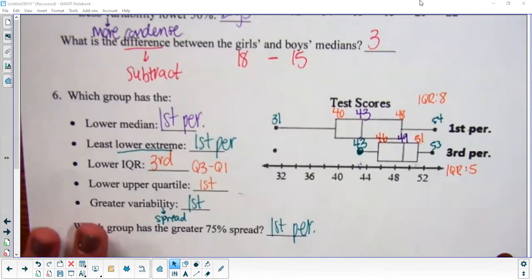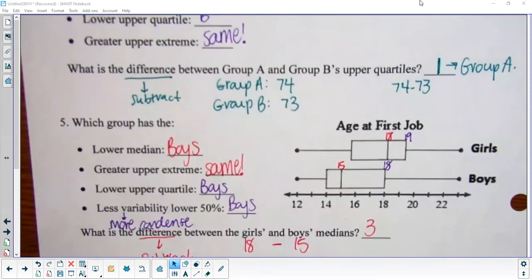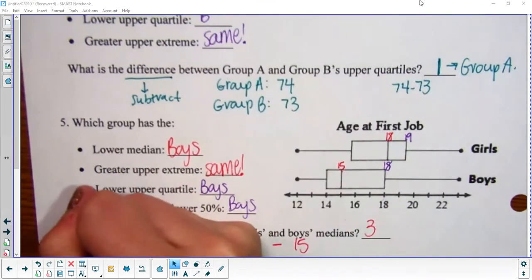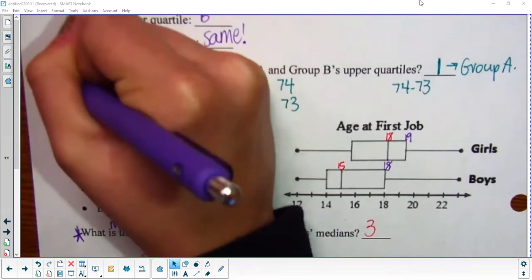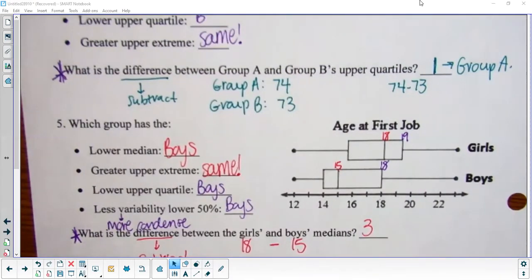All right, go ahead and take a second and put a star by this one right here and this one right here. These are very good test questions for you to really think about and for you to go over again.